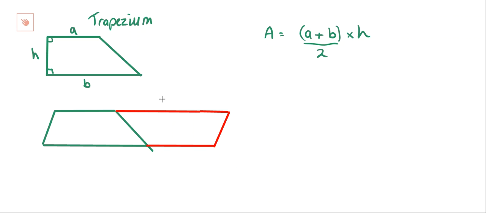So I've got a parallelogram. This one would be easier to see because if I put another one on, it's like a parallelogram, but it actually is a rectangle.